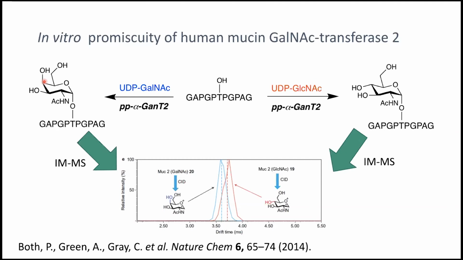And here we started to hit another analytical problem: how do you actually prove that you've made the right compound? Because as you're all aware, we have this epimerase, which could be anywhere, and any activity we might see by mass spectrometry could be due to the fact that we've got epimerase in there that converts UDP GlcNAc to GalNAc, and then you get the transfer of that.